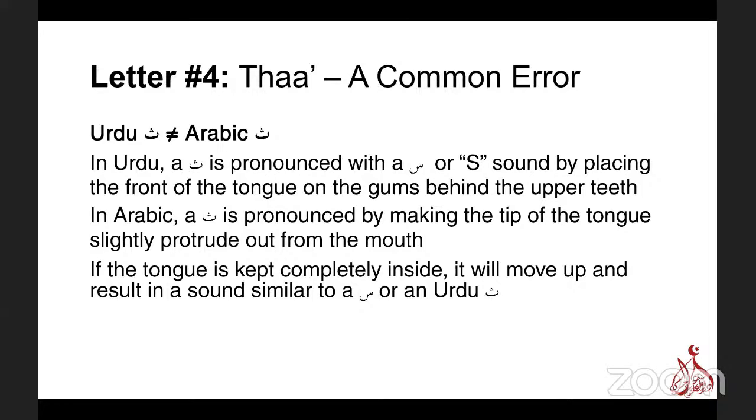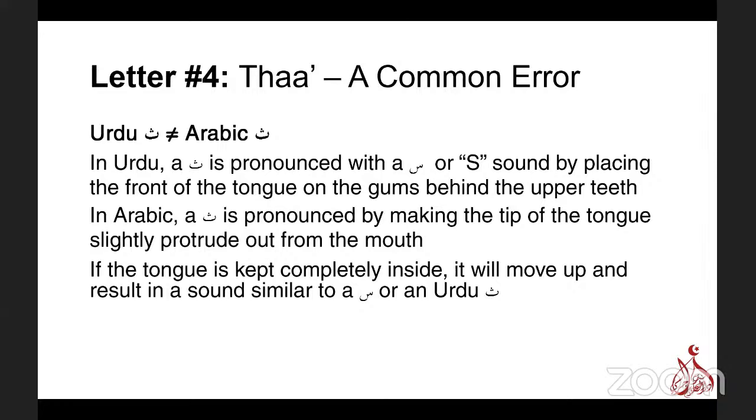If you have a word like haythu, if you say haysu, that's wrong, because that's a seen in the Arabic language. And in Arabic, words that have a seen and words that have a tha have two completely different meanings. I don't even know what masaluhum would even mean. Mathaluhum has a meaning, so it will change the actual meaning of the entire word.